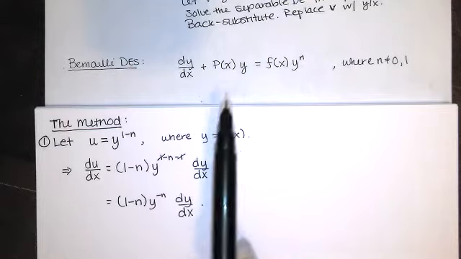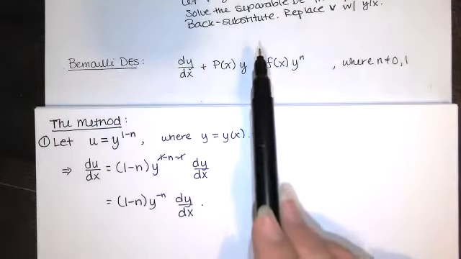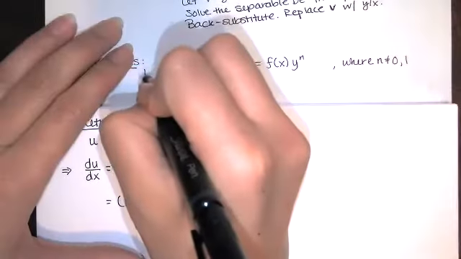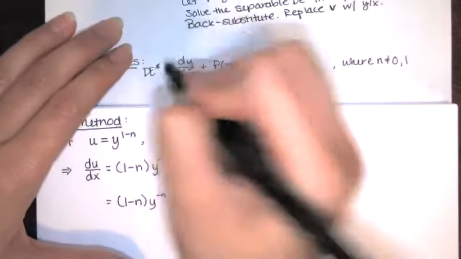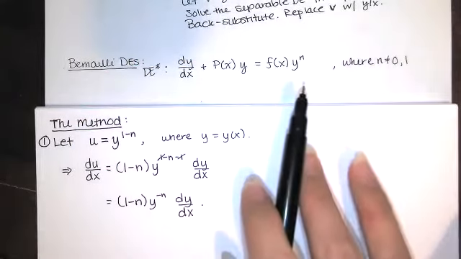Now, at this point, you're going to take your differential equation, your Bernoulli DE, which has to be written in this form. So I'm going to call this DE star. If it's not written in this form, you need to get it into this form first. So maybe that's the first step in the method, is to write the differential equation in this form.